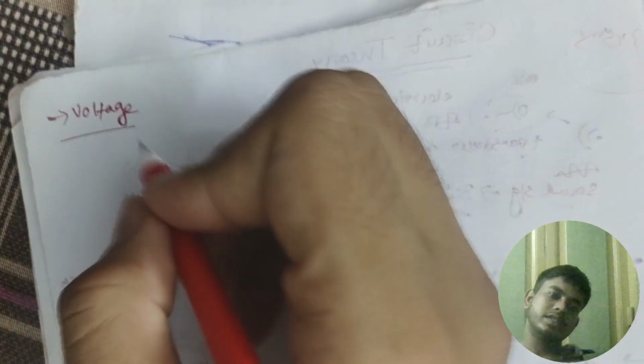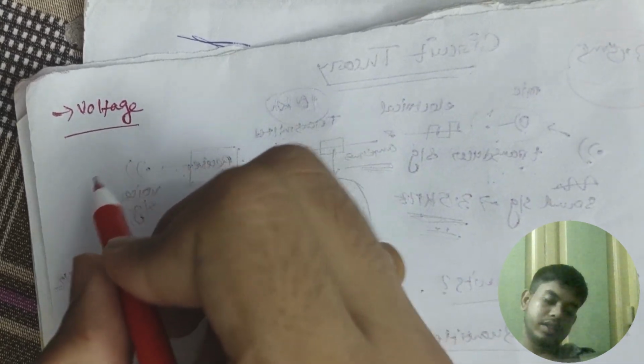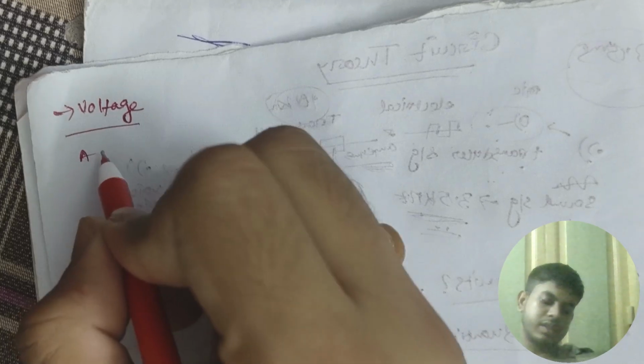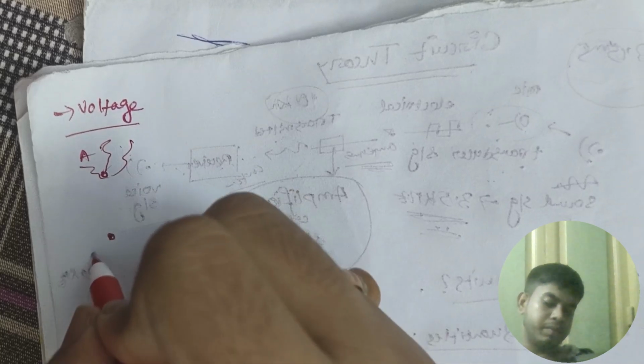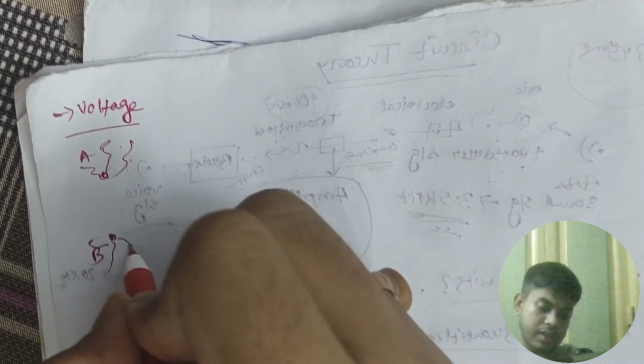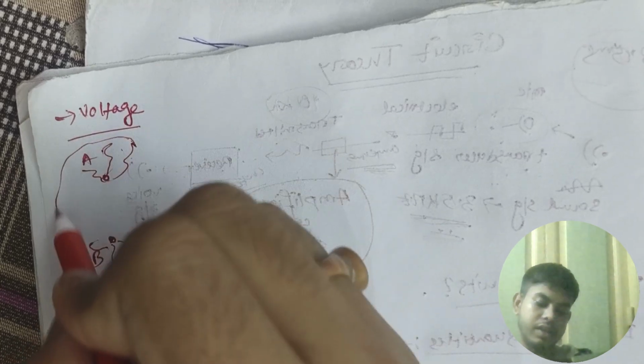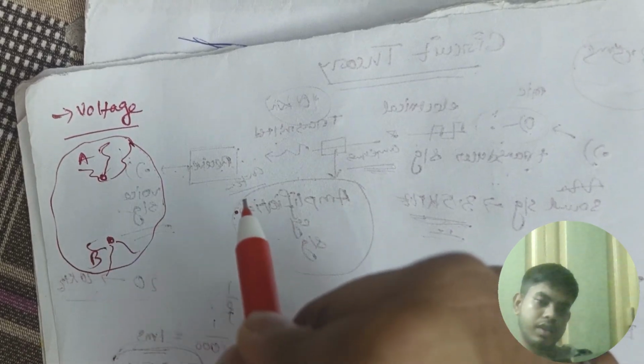So let's try to define what voltage is. Suppose there is a point A in a circuit, and one circle.